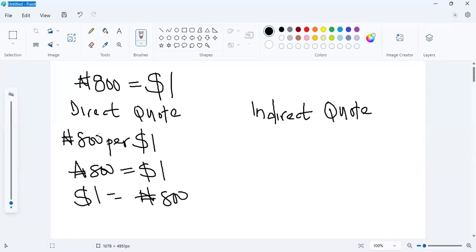Indirect quote is stated in terms of number of units of foreign currency that can buy 1 domestic currency.